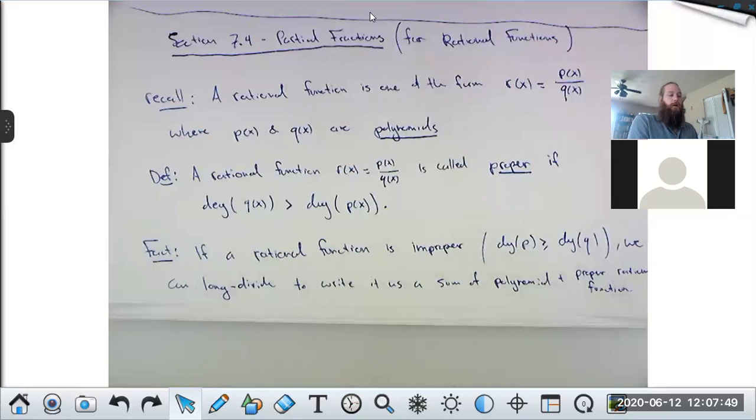And if you don't remember how to long divide polynomials, I'll do an example, and also I'll post a little thing to Canvas under our modules to remind you how that goes. But anytime you're given an integral where the integrand is a rational function and the degree of the top is bigger than or equal to the degree of the bottom, your very first step should be long divide.